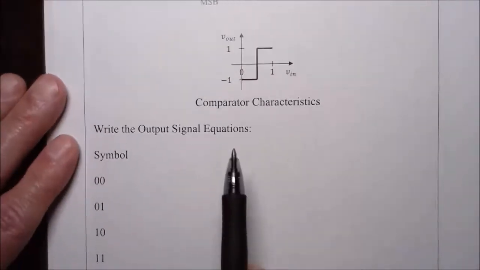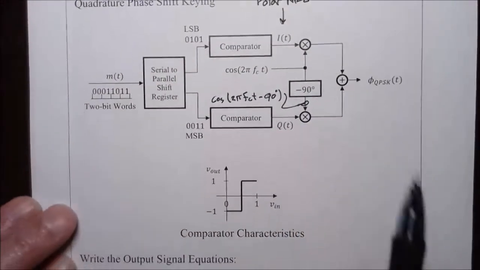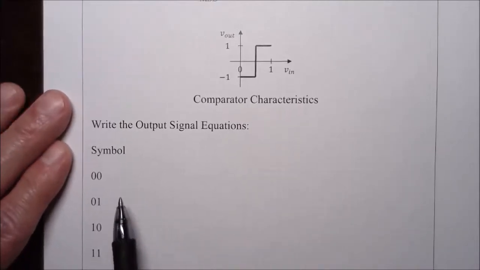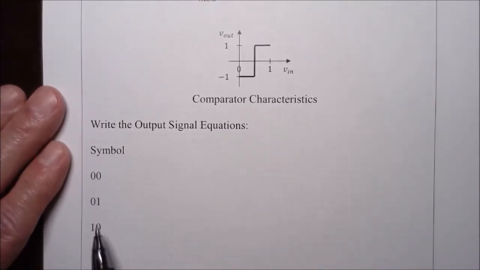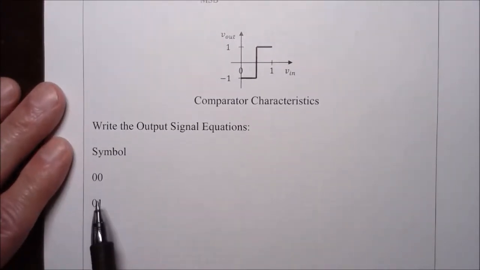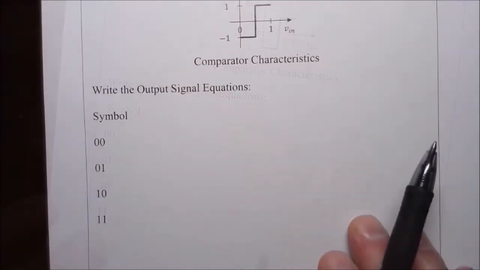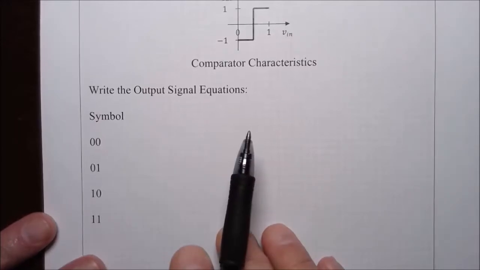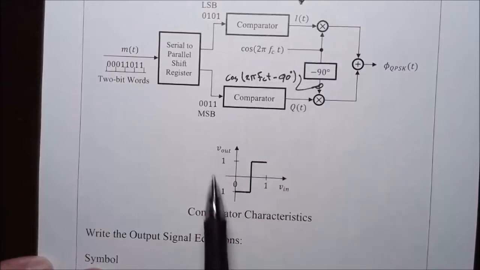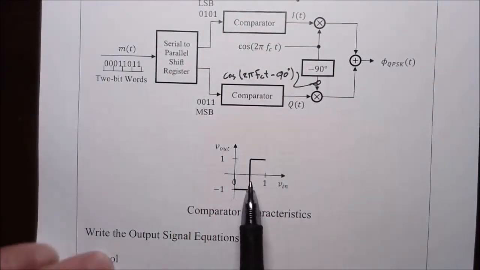So we want to first write the output signals for the output of this block diagram, and there's going to be 4 different equations depending upon the binary inputs, and here are the 4 possible binary inputs: 00 01 10 11. So we start with 00. So we have a logical 0 into the top comparator that maps to a minus 1, and a logical 0 in the bottom comparator maps to a minus 1.